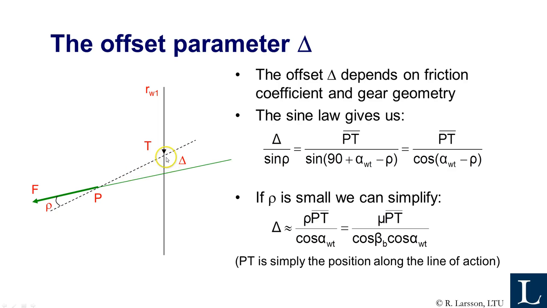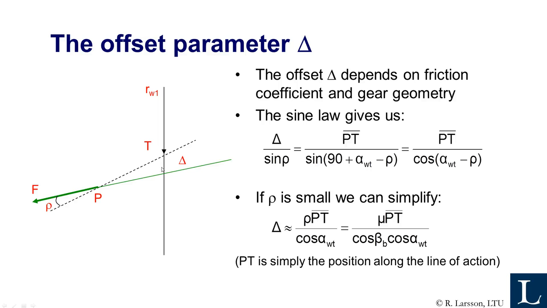So the ratio between the distance here to the sine of that angle must be the same as the ratio of this distance and the sine of that angle. And this angle is 90 plus the pressure angle minus rho.